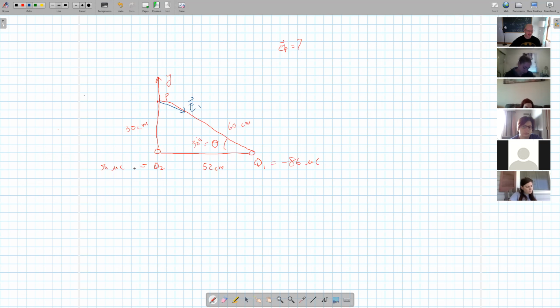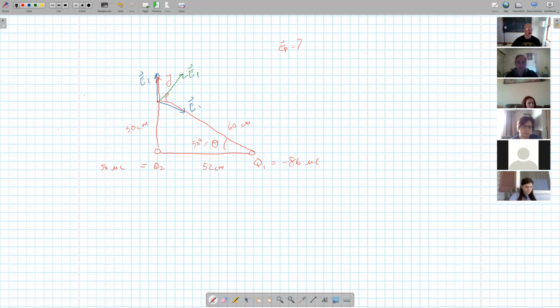Q2 is a positive charge, so we know that the positive has to have electric field lines which point radially away. So E2 is going to point radially away from Q2, which is going to point off in this direction. Then the total electric field is going to be the vector sum of these two, so this will be my total electric field. This will be EP. Okay.